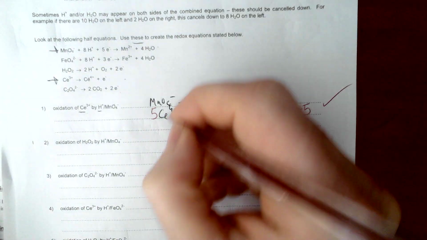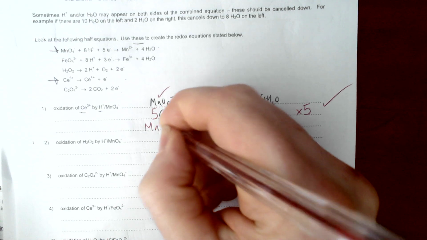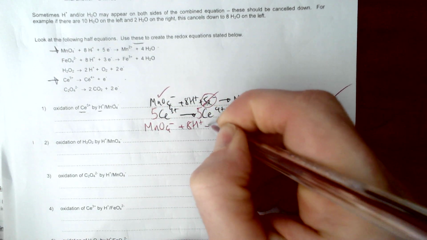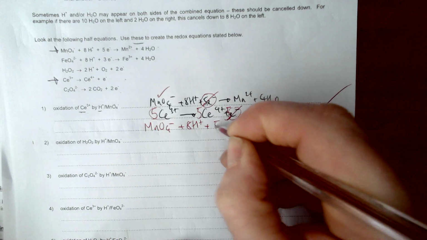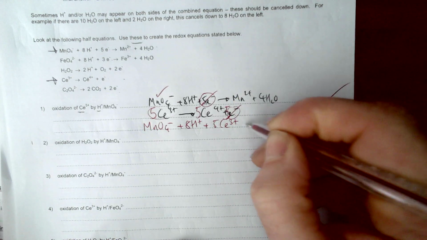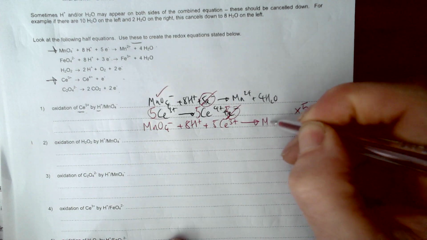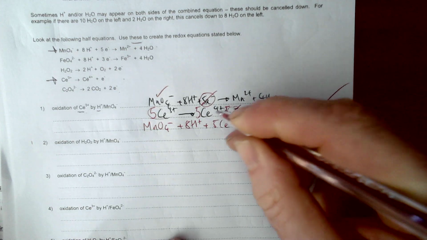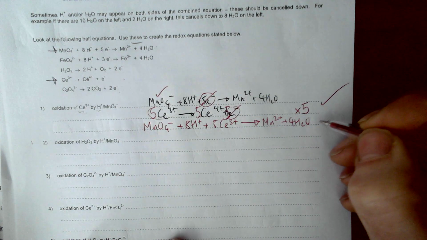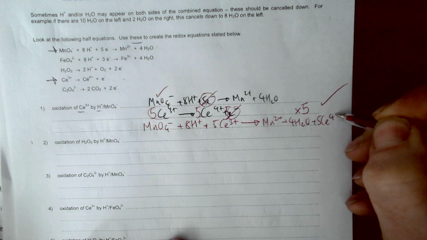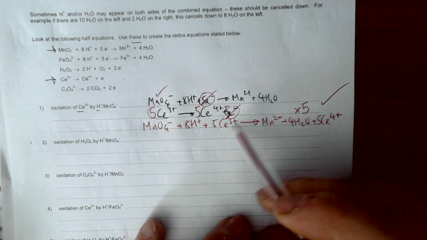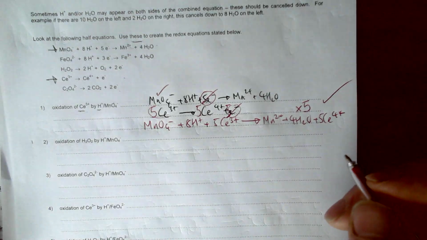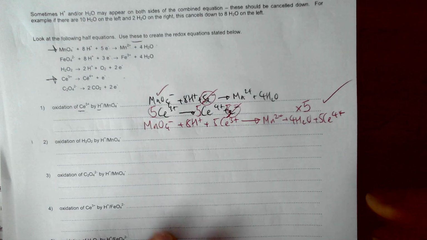So that's going to be MnO4- + 8H+ + 5Ce3+ makes Mn2+ + 4H2O + 5Ce4+. Please ensure that you don't include any of the electrons in the overall equation because they've cancelled out. All right, that's the process.